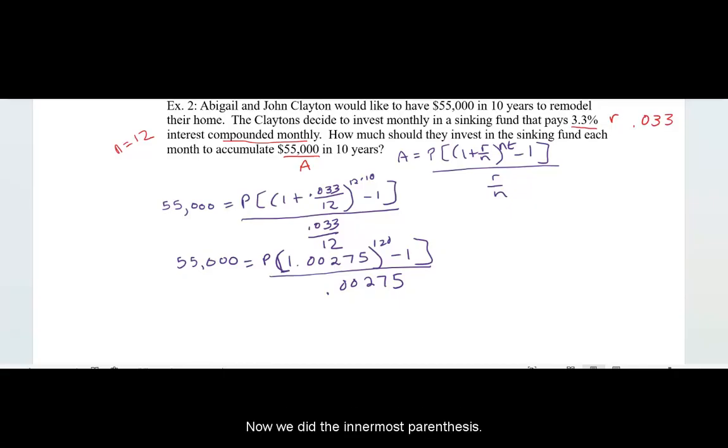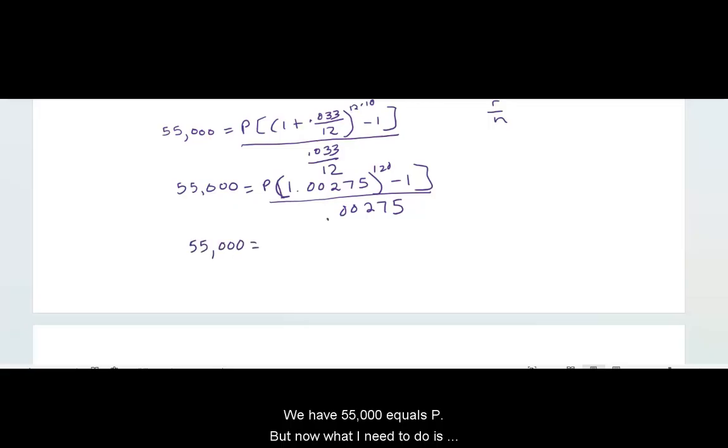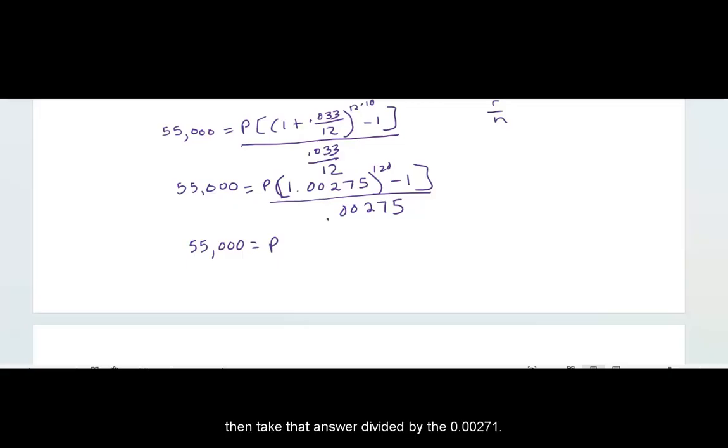Now we did the innermost parenthesis. Now finish the bracket. Get that all down into one number. Okay, so let's see how much room I'm going to have here. We have 55,000 equals P, but now what I need to do is you're going to take the 1.00275 to the 120th power. Then take that answer minus 1.